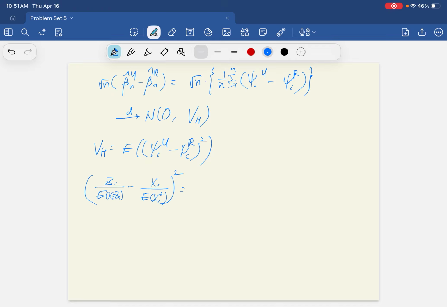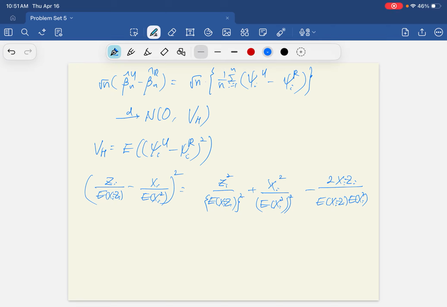So if you calculate that, z_i squared over expectation x_i z_i total squared plus x_i squared over expectation x_i squared squared minus 2 times x_i z_i over expectation x_i z_i times expectation x_i squared.